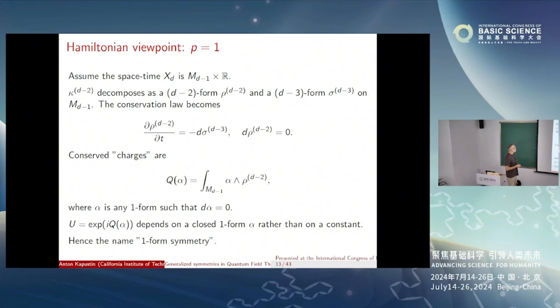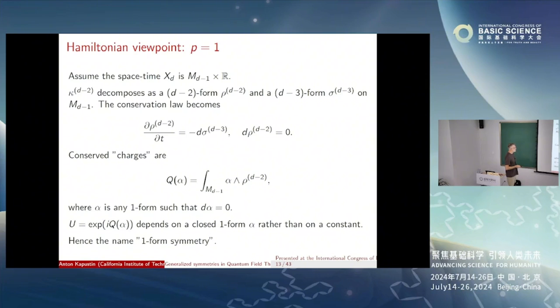In terms of this pair of forms, the conservation equation looks as follows. We have this charge density, and its time derivative is exact, that is, d of some form. But in addition, you also have this equation, something which you don't have in the p equals 0 case. It just says that the charge density is a closed form. For p equals 0, that's automatic, but here it's a separate part of the conservation.